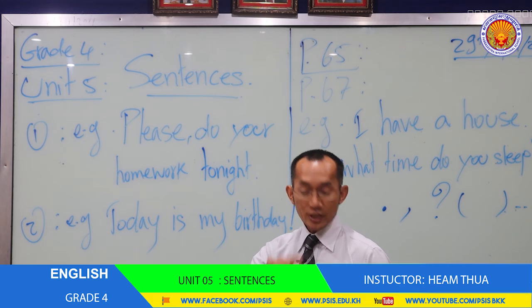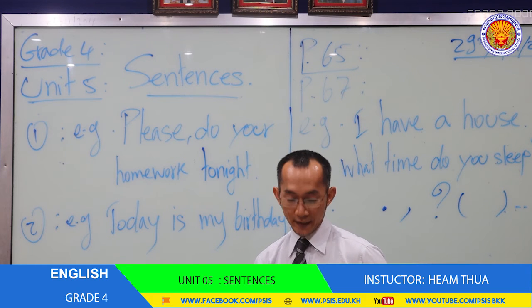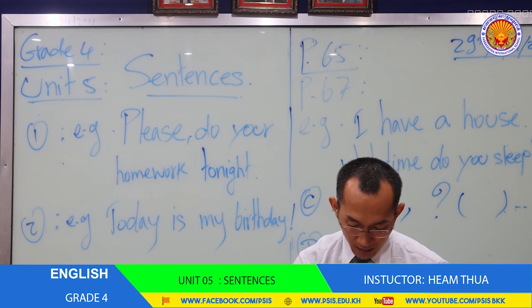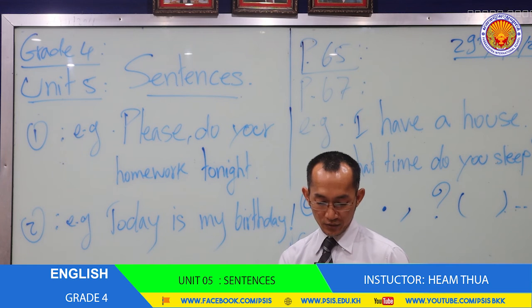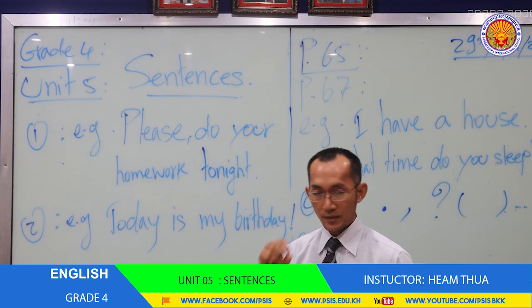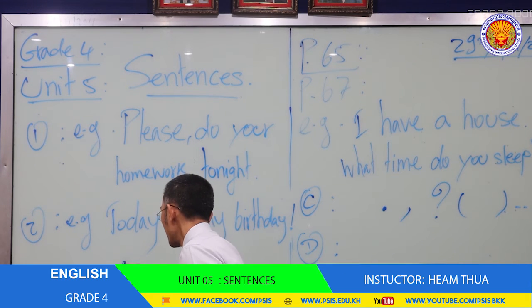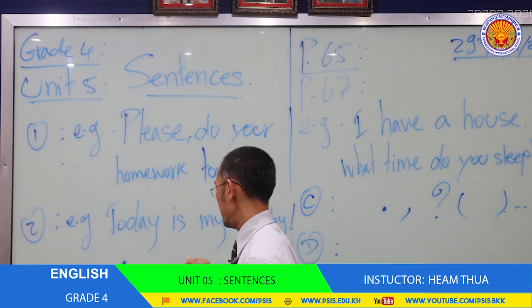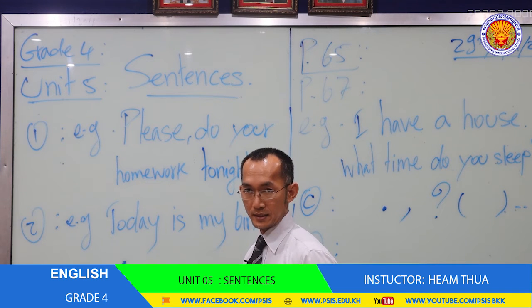Now section E, this is your homework. There are only two options for you that you can choose. One is a full stop or period. When you read section E, you will know which one is which.